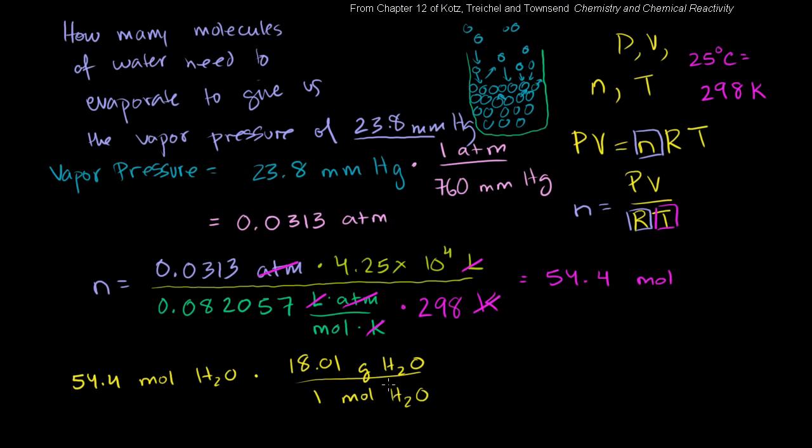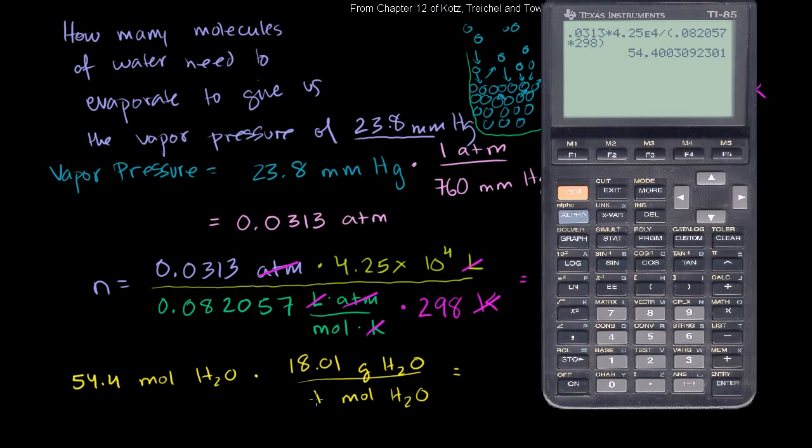And obviously, you can just look up the atomic weights of hydrogen, which is a little bit over 1, and the atomic weight of oxygen, which is a little bit below 16. So you have 2 of these, so 2 plus 16 gives you pretty close to 18. So this right here will tell you the grams of water that can evaporate to get us to that equilibrium pressure.